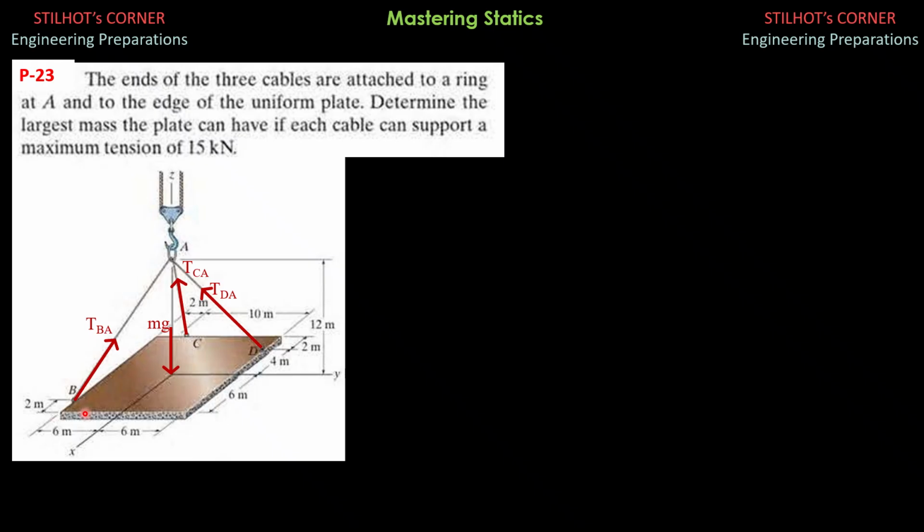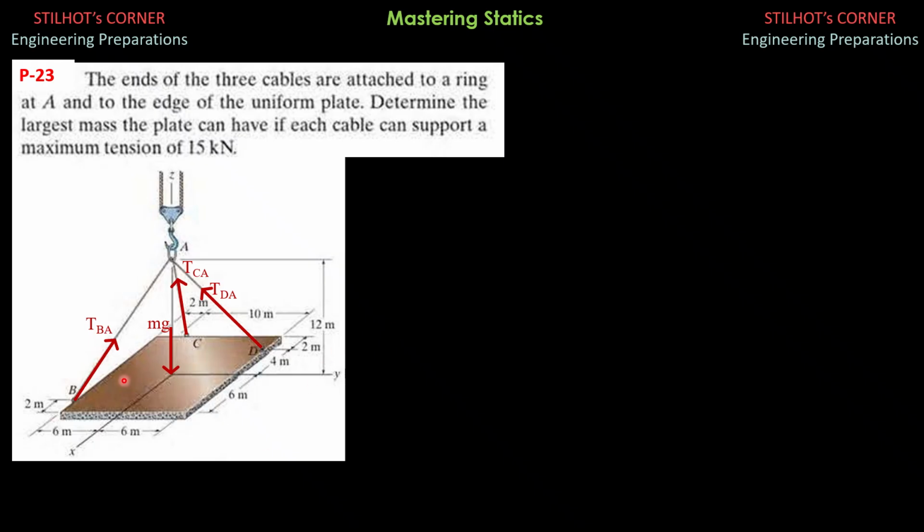So let's write the vector form of tension BA. So it is magnitude of tension BA. It is directed backward by, because this is 2 and this is 6, so backward by 4, negative 4i. Rightward along y by 6, so positive 6j. Then upward by 12, so 12k.